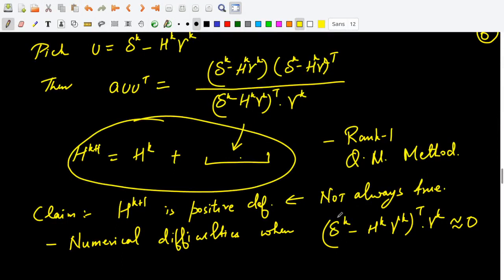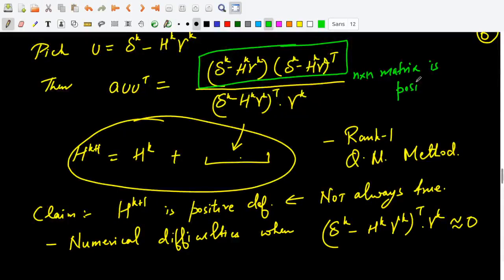Okay. And you can show easily that the numerator, which is an n cross n matrix, is positive semi-definite. You just have to use the definition of positive definite, which is you take any x and do x transpose this matrix times x, and that would turn out to be a square.